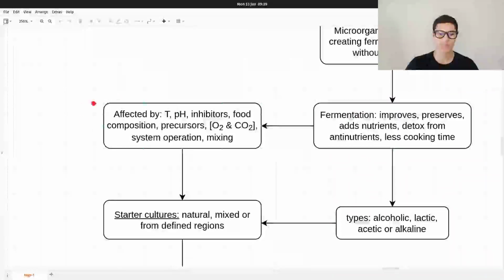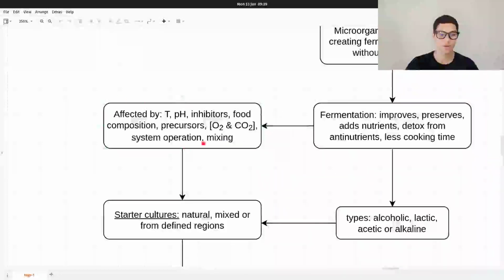The fermentation is affected by the temperature, the pH, the inhibitors that maybe are present in the food composition as well, and the precursors, as well as the concentrations of oxygen and CO2. The system of operations in the industry and the mixing also affect the fermentation.